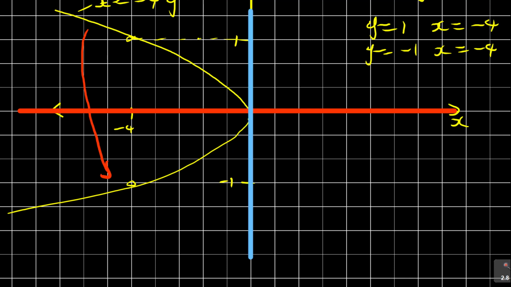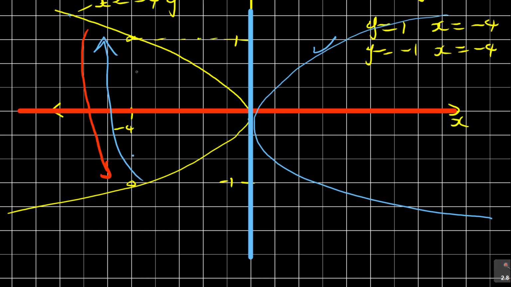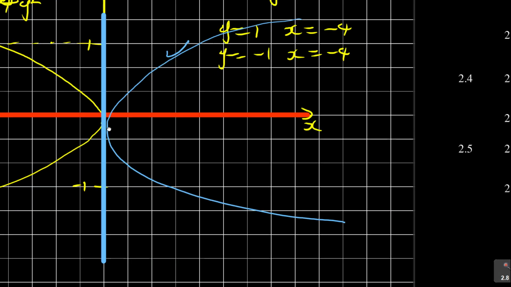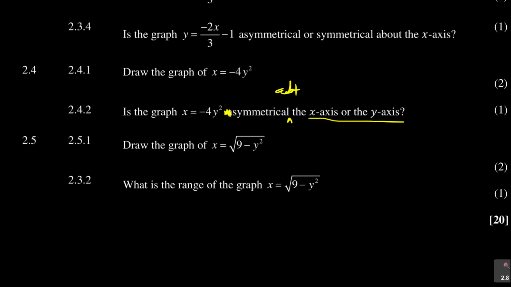The graph will be something like this. So you see that it's a new graph now. Along the x-axis, if I reflect, this will become that and that will become that. It means it's symmetrical about the x-axis. So the answer there is, it is symmetrical about the x-axis.